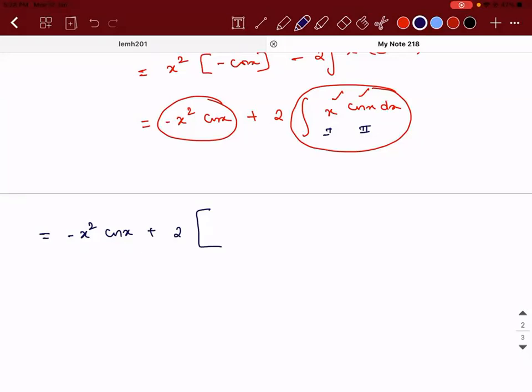So we have to do the same method again, right? What is the method? First function, explain it.